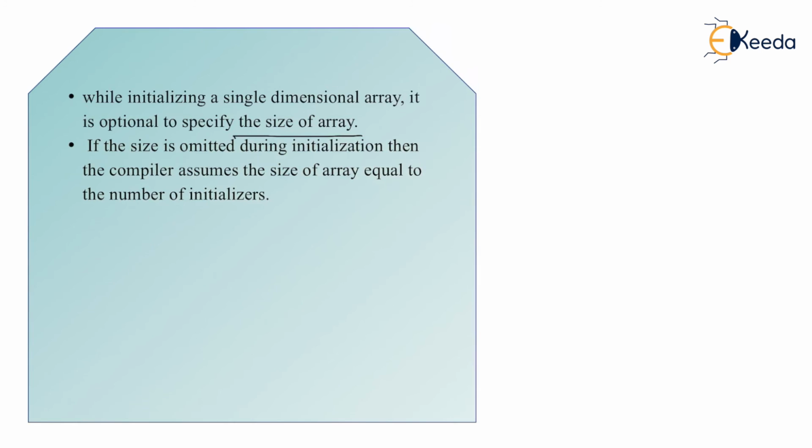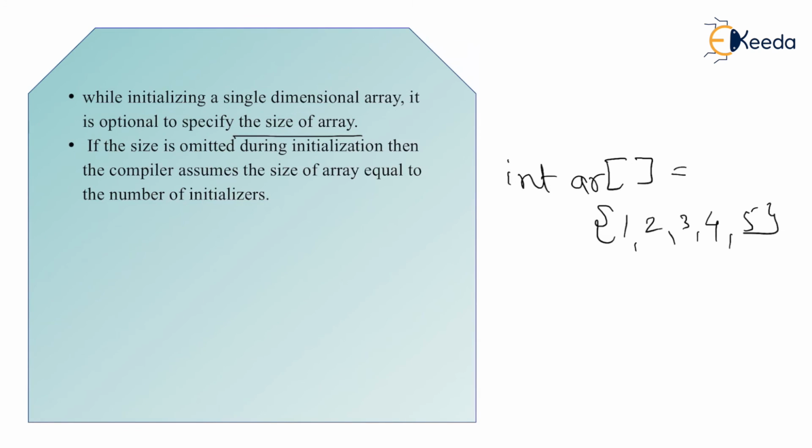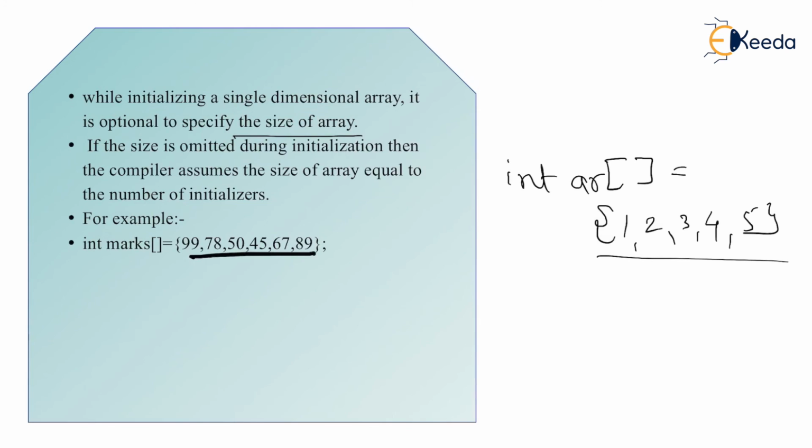Consider you have written int array, and you say 1, 2, 3, 4 and 5. So by default, the compiler will consider that it requires 5 elements of space. For example, int marks, and these are 6 elements. So the compiler will understand that for the marks array, it requires 6 elements.